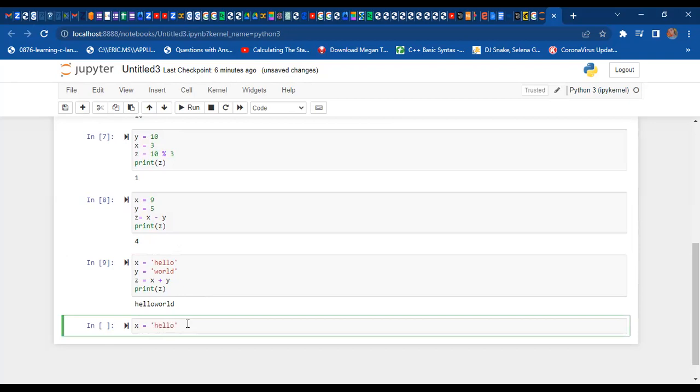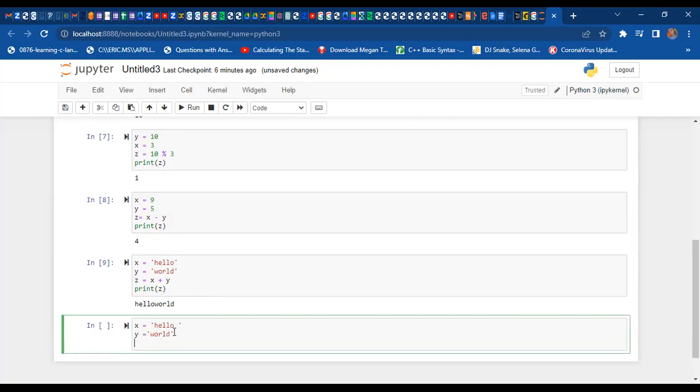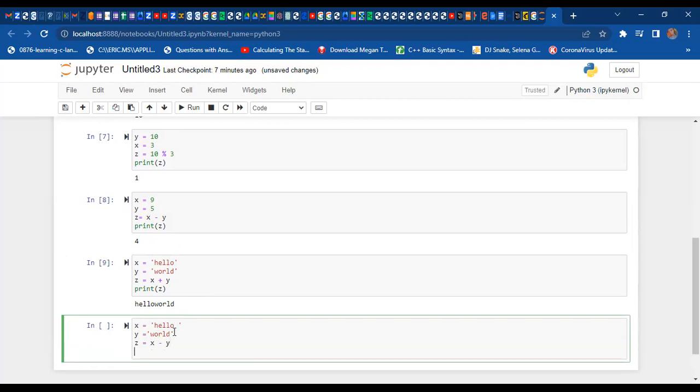x is equal to hello, then y is equal to world. z is equal to x minus y. Print z. Let's see.